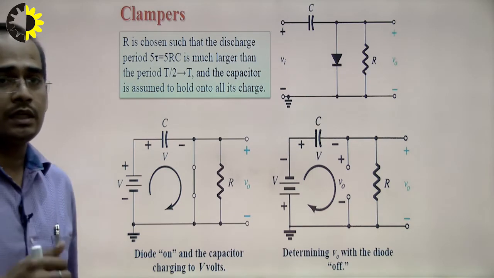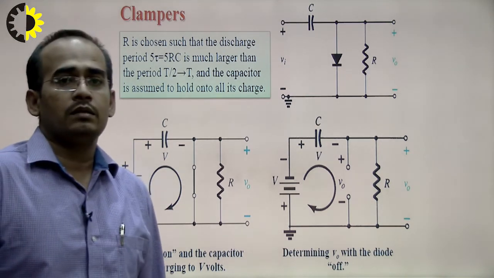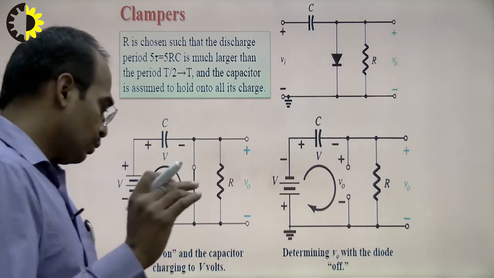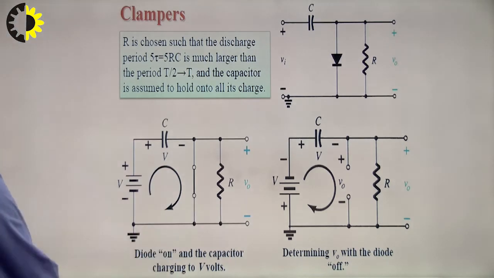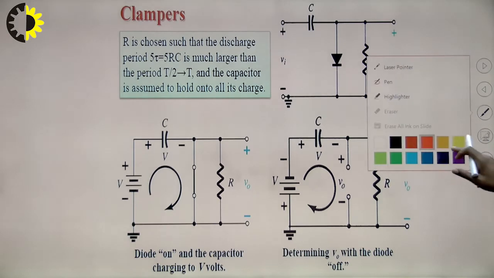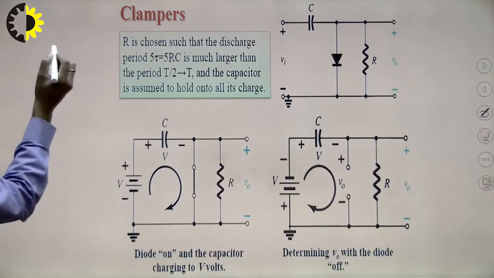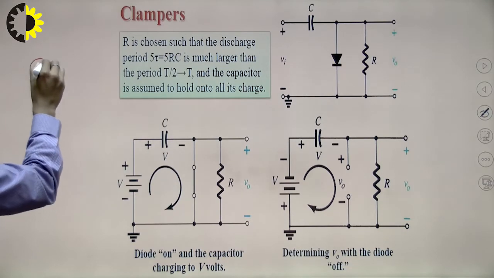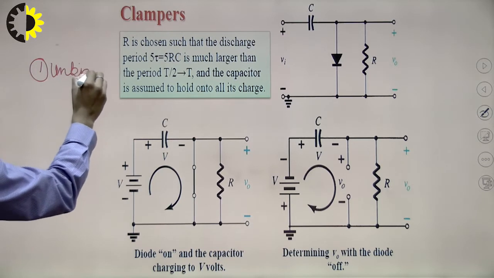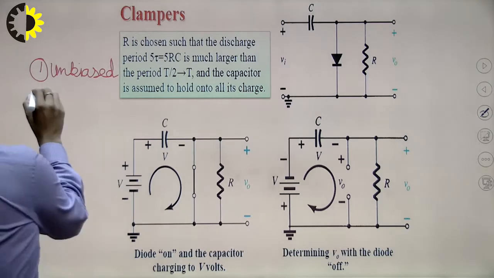In this clamper circuit, I will use 3 components: capacitor, diode and resistance. Basically there are 2 types of clamper circuit. First is the unbiased clamper circuit, second is the biased clamper circuit.